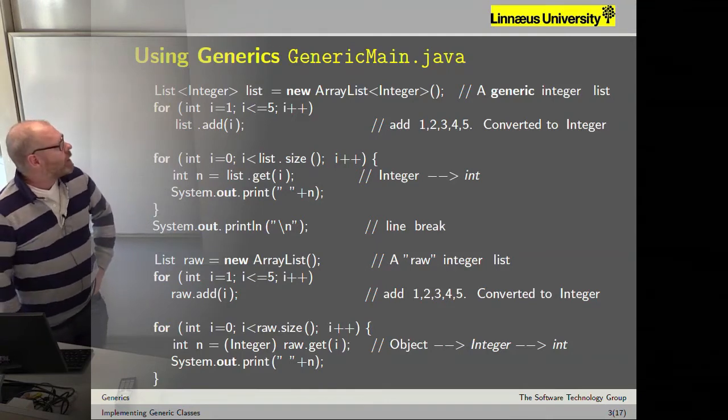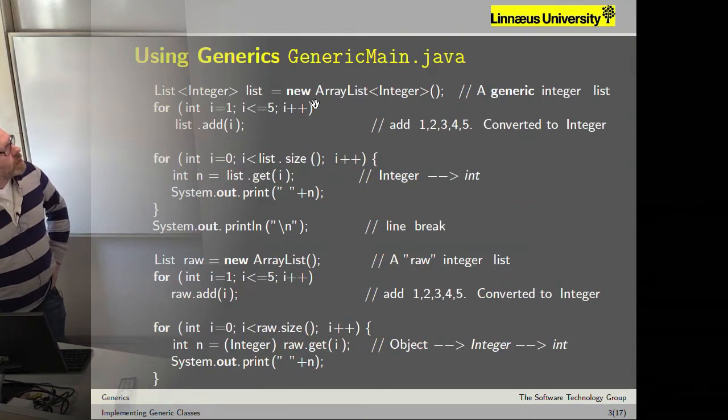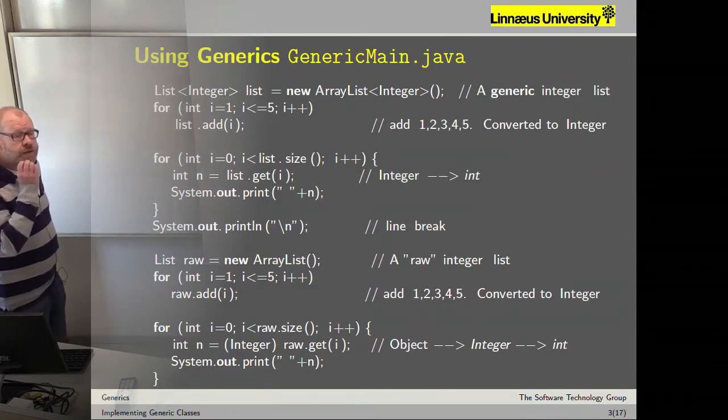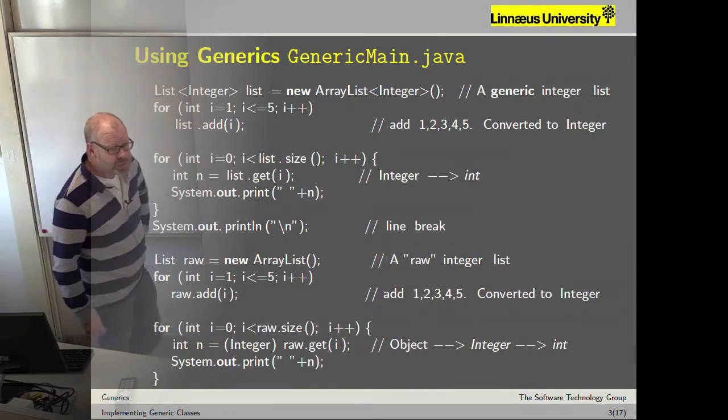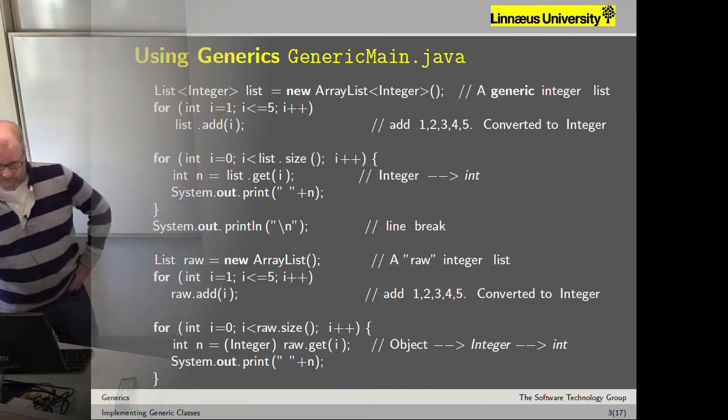Assume that I had an ArrayList of this type, and for some reason inside my code I decided to add a string to it. When should I discover the mistake? At what point? At compile time.